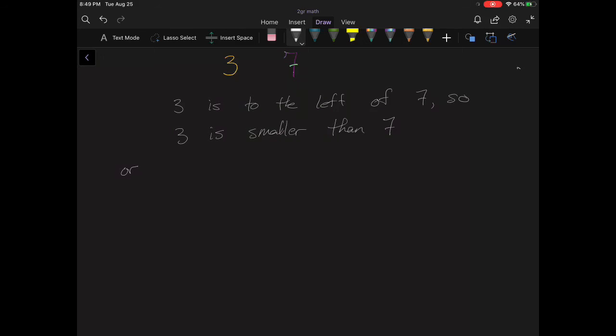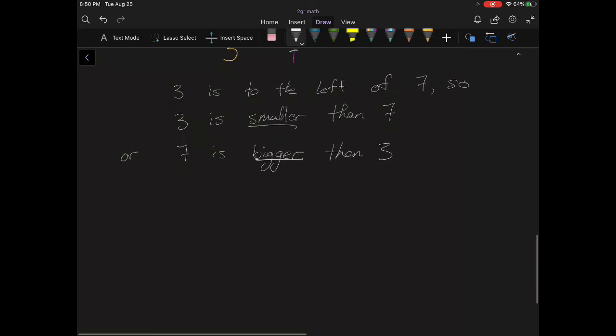So we can write it in both ways. And both ways are correct, and both ways are valid, and everyone understands them. So that's how we compare two single-digit numbers.